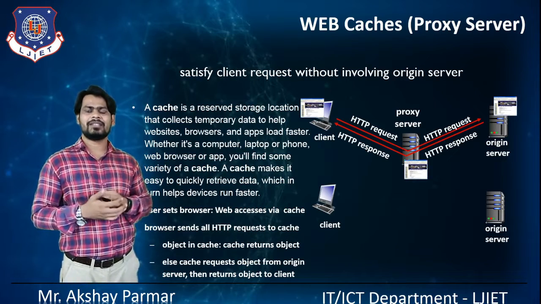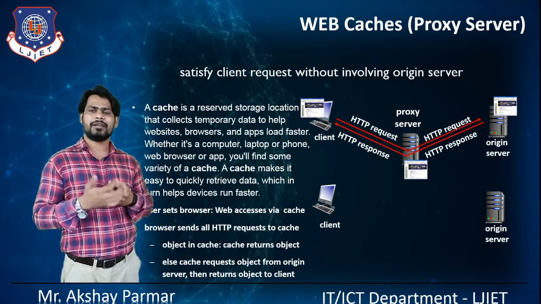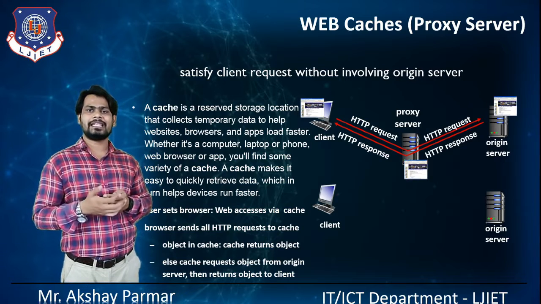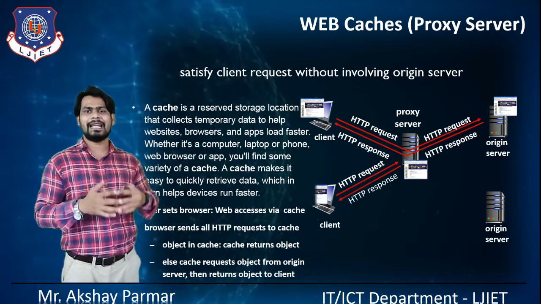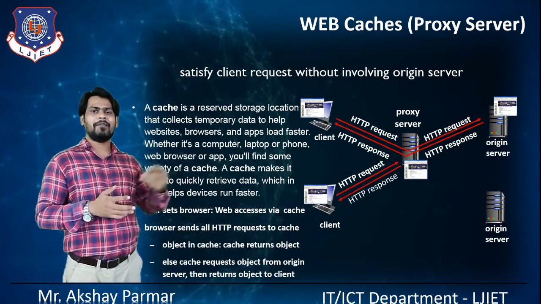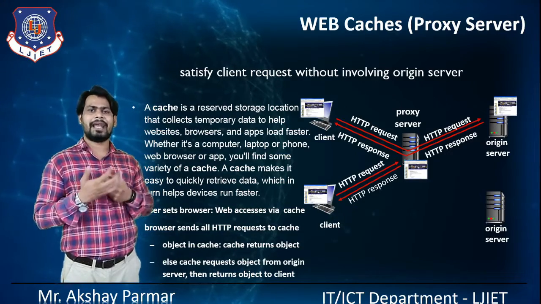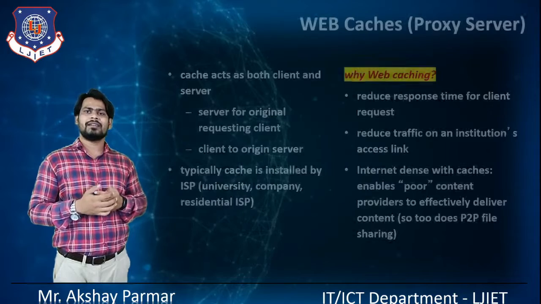After the cache is established, if the client wants the same kind of information from that particular server, the client sends an HTTP request to the proxy server, and the proxy server responds with the help of that cache only, right? Here the origin server is not engaged all the time whenever you are working with the cache, right?